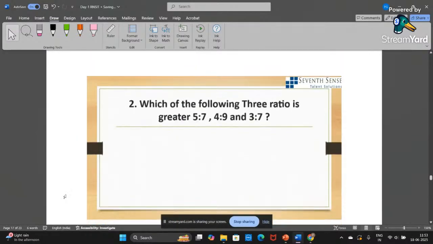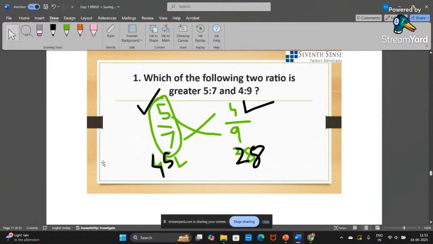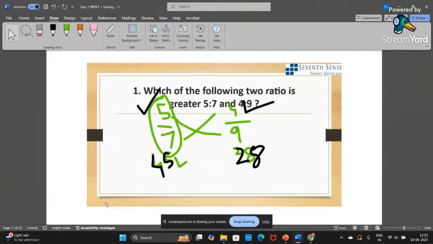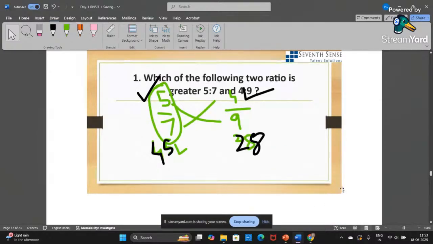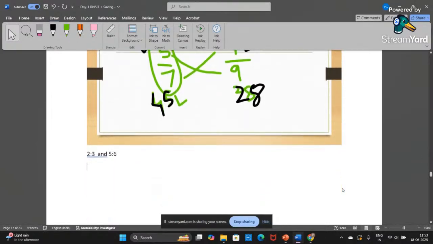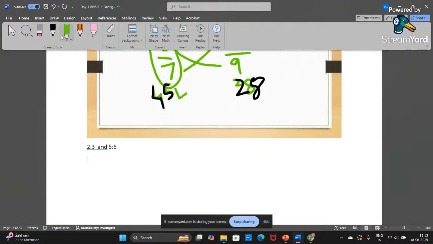We'll solve a few more problems. Okay, let us take one more example when you come across two ratios. Let us take 2:3 and 5:6. Now, let us compare these. This can be written as 2 by 3 and here as 5 by 6. Next step, what you have to do?